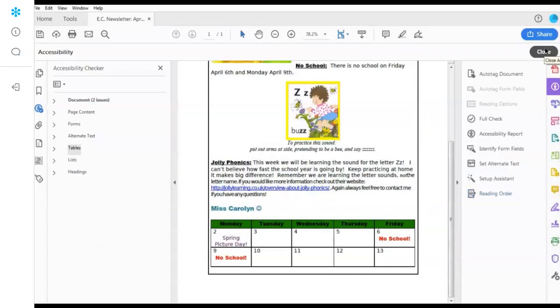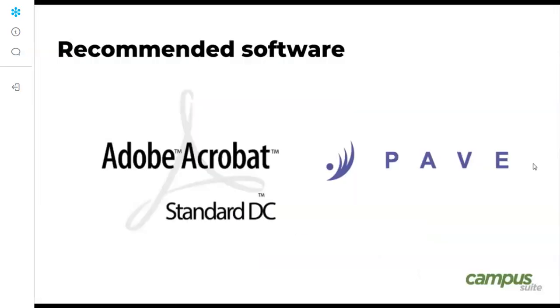Okay, I hope it wasn't too painful for everyone, and I hope it gives you an idea of what's involved in evaluating the various PDFs around your campus. I mentioned earlier that if you establish a process for your publishers to follow, you can avoid a lot of these accessibility issues in the first place. In most cases, if a document is printed to a PDF out of Microsoft Word or PowerPoint, Acrobat does a pretty good job of keeping things mostly compliant.